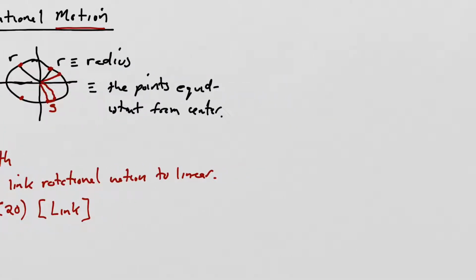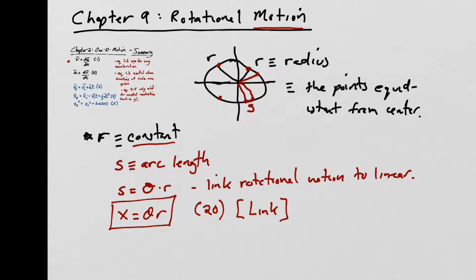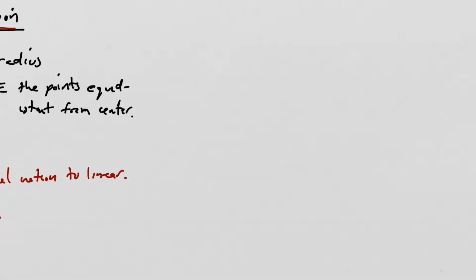Okay, so let's go over to another place. And so if we remember how we had highlighted our equations from Chapter 2 here, let's see if we can come up with the first equation that will be useful for rotational velocity. We know from Chapter 2 that equation 1 tells us that v is equal to dx/dt. But equation 20 tells us that x is equal to theta times r.